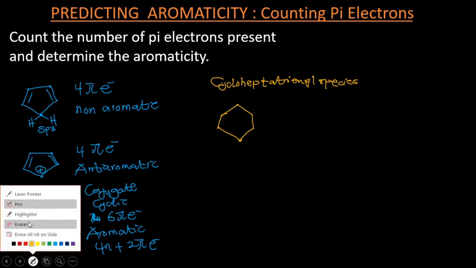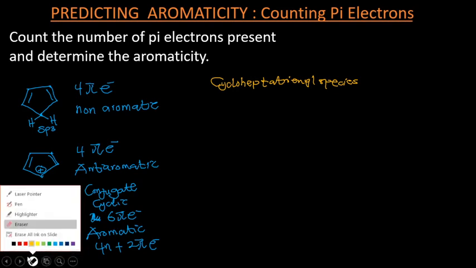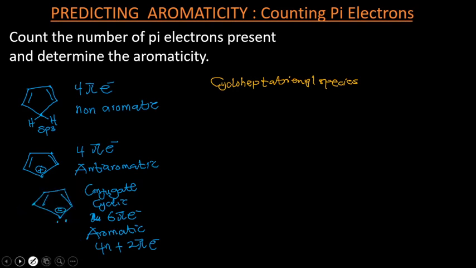So you can erase that. Let's redraw that, and then make sure it is 7-membered.